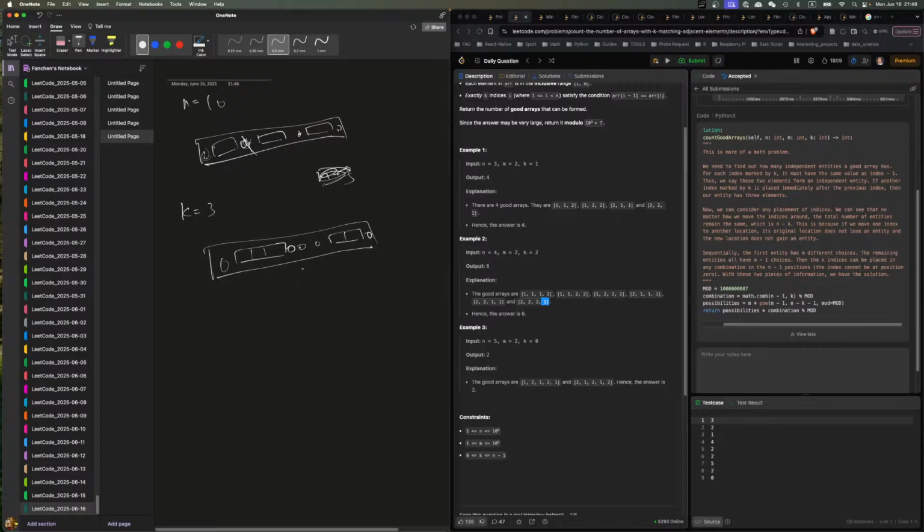It's the same. Why? Because when we merge these two, so initially we have 4, right? Now we have 3. And then we're losing one entity.